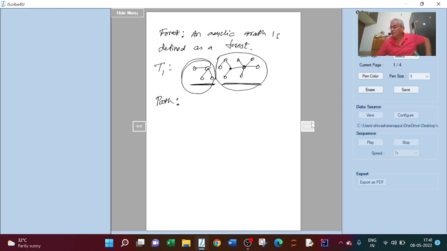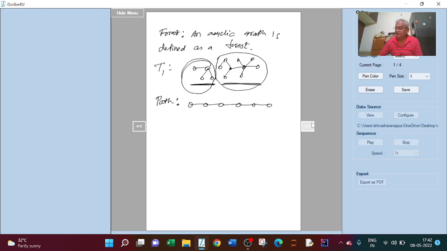So path is this. Okay. So we say that this is a path. And here path is nothing but a tree. Every path is a tree. But every tree need not be a path. Okay. So this is the path.